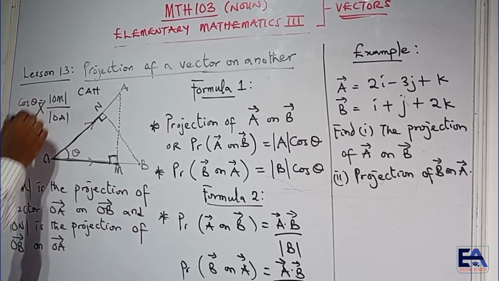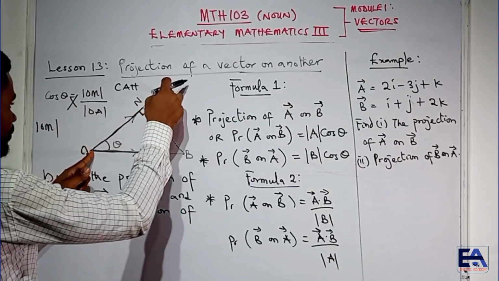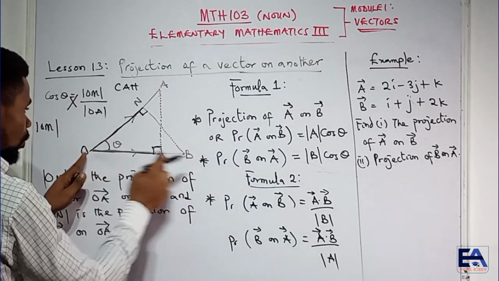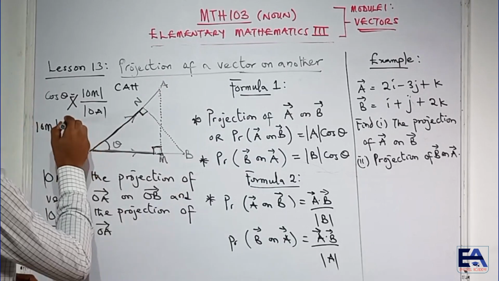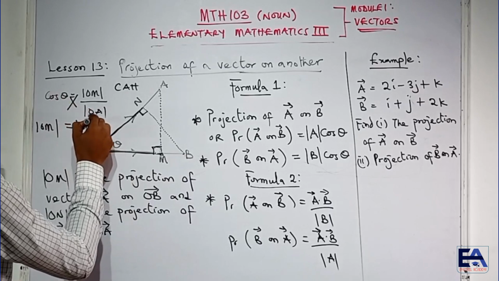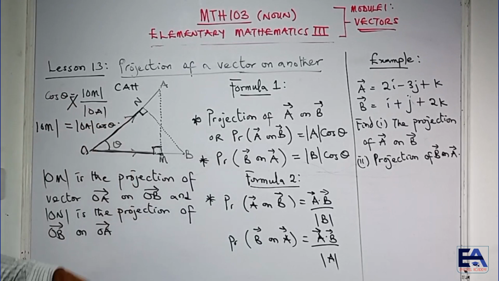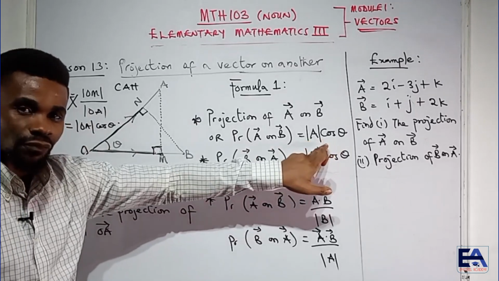So at the end of the day, by the time you cross multiply, you have it that the projection of vector A on B, which is represented by OM here, the length of OM, is equal to OA cos theta. And that is what you have here. That is what gave us this formula here.